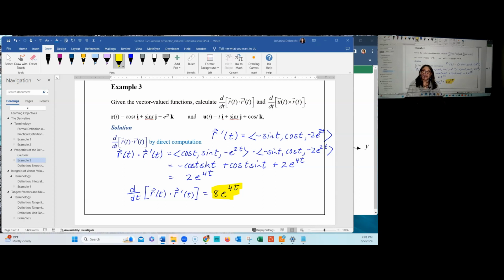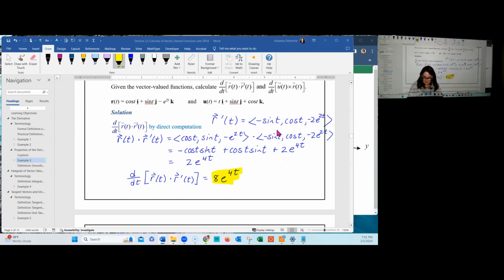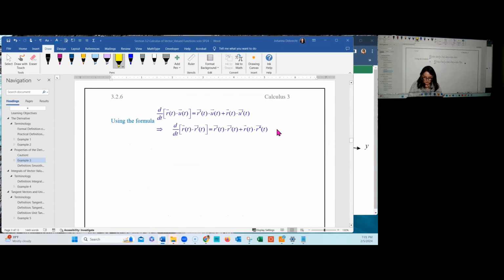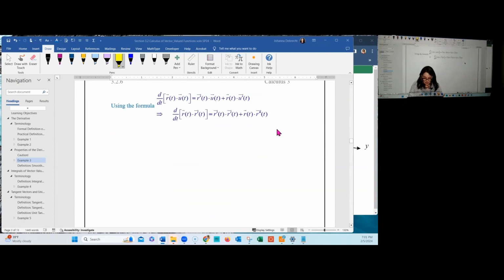Now let's go ahead and reevaluate exactly the same thing, but instead, let's use the formula that was in number 4 up above, the property that the derivative of a dot product is the derivative of the first dot the second plus the derivative of the second dot the first. So let's apply that now to our r of t dot r prime of t.